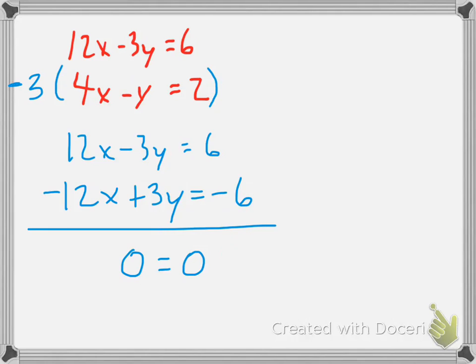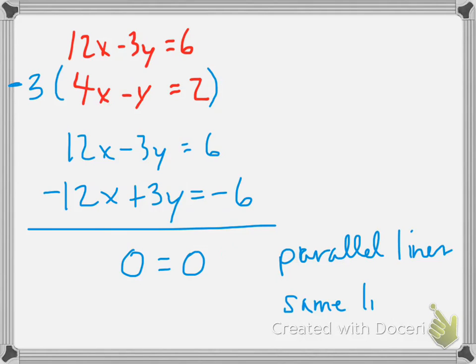If the number is equal on each side, in this case 0 equals 0, we know they are actually the same line, meaning any value of x that works for one will work for the other, and any value of y that works for one will work for the other.